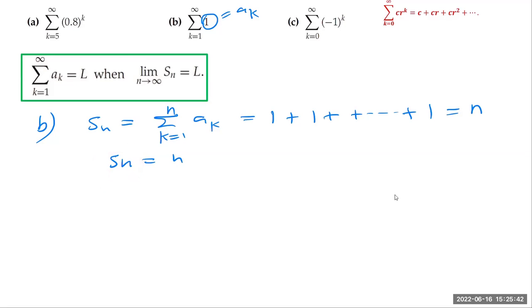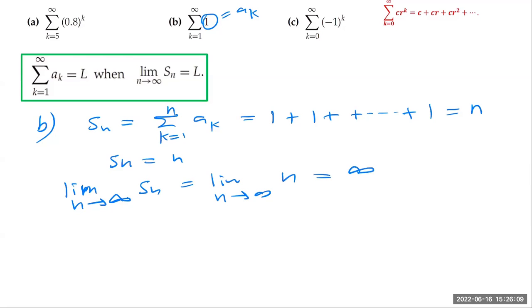Now I'm going to find the limit of the sequence of partial sums. If the limit of the sequence of partial sums exists as a real number, then my original series converges. If not, it does not. So let me find the limit of this sequence of partial sums. Limit as n goes to infinity of Sn is equal to limit as n goes to infinity of n, which is of course infinity.